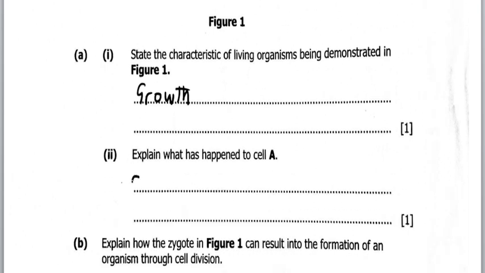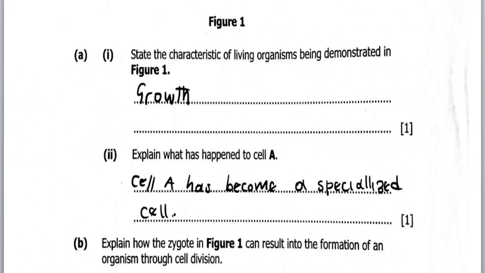So we say cell A has become a specialized cell. So that is what has happened to cell A.